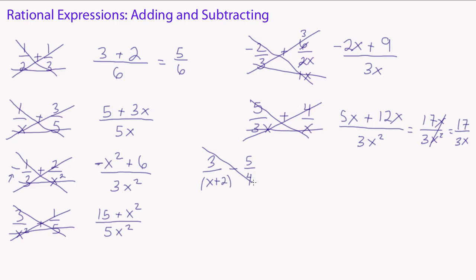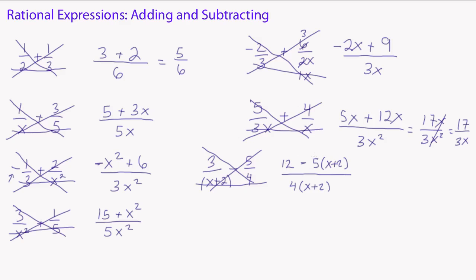So let's try it. 3 times 4 is 12. And 5 times that binomial, so this is 5 times x plus 2, all over 4 times x plus 2. And in the middle, we have a subtraction.